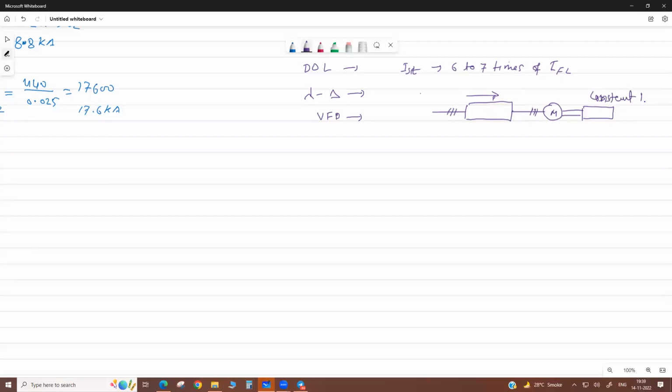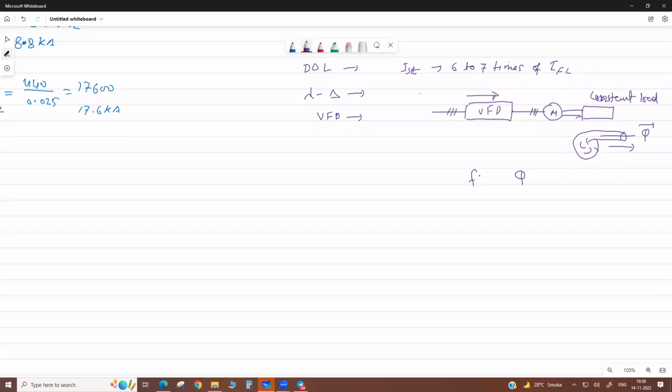If there is a constant load on the motor, always running on full load, meaning rated load, suppose a blower, fan or pump with constant flow, then this VFD is not advisable at all. When flow control is required, variable flow, then we can control the flow rate.